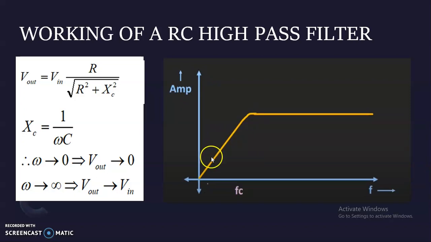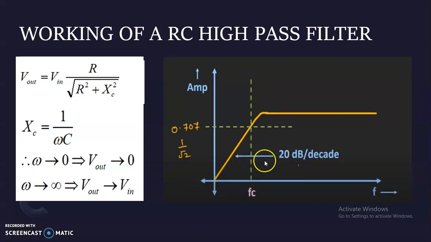However, in real cases, the roll off is like a ramp with a slope of 20 decibels per decade, and when the amplitude of the transfer function is 1 by root 2, then we get the frequency to be equal to Fc.